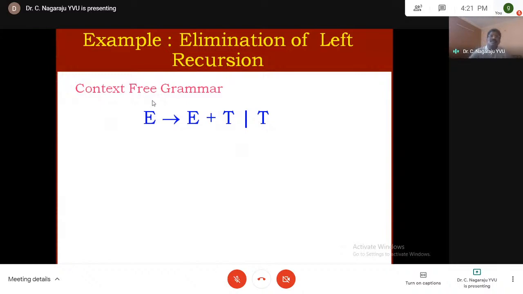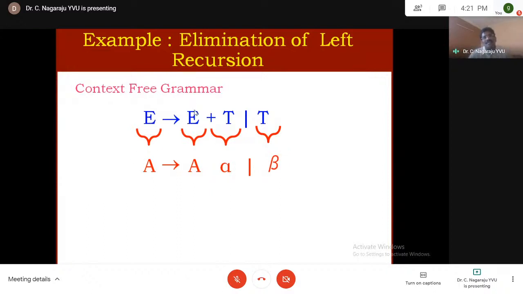For example, you see E goes to E plus T, and T goes to T star F. This is in the form of A alpha or beta. So A alpha or beta means we can take E as A, according to the previous statement.